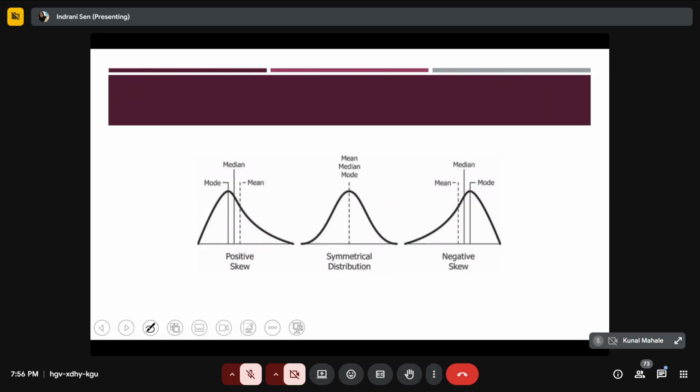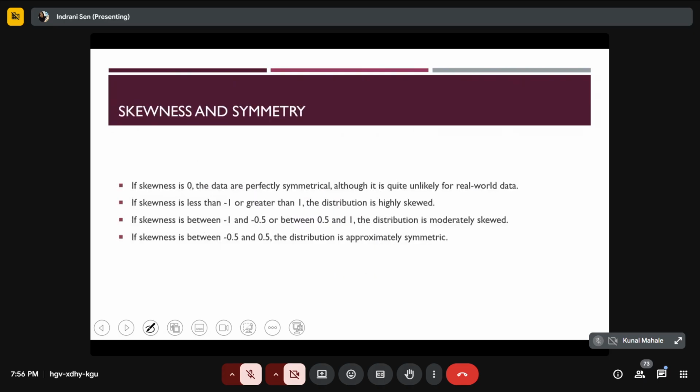So we have positive skew, symmetrical, and negative skew. If skewness is zero, the data is symmetrical. If skewness is less than minus one or greater than one, the distribution is highly skewed.